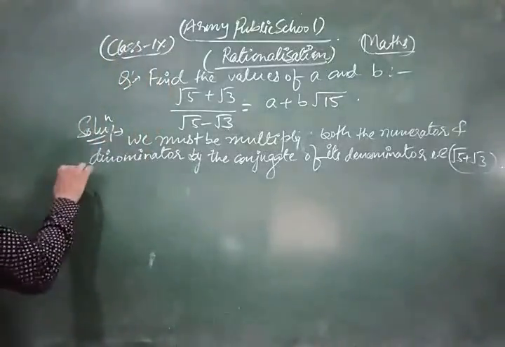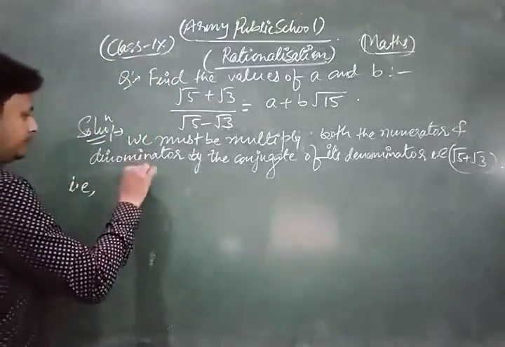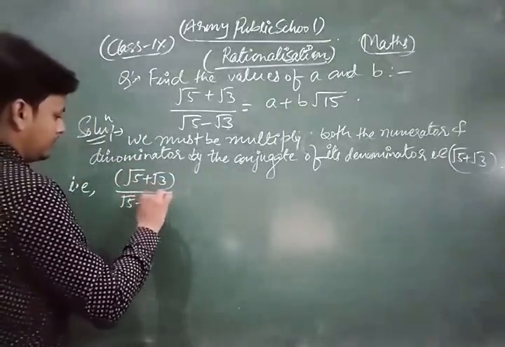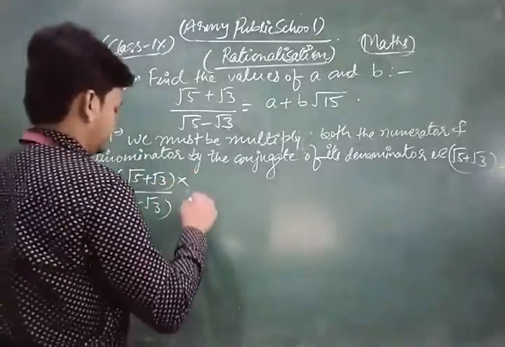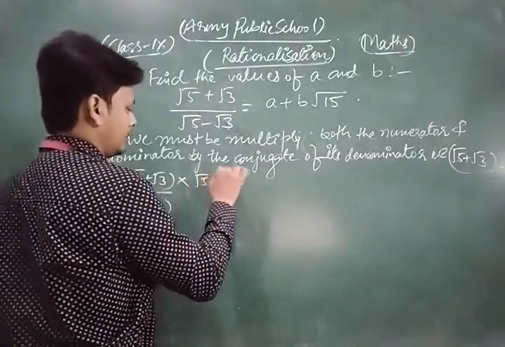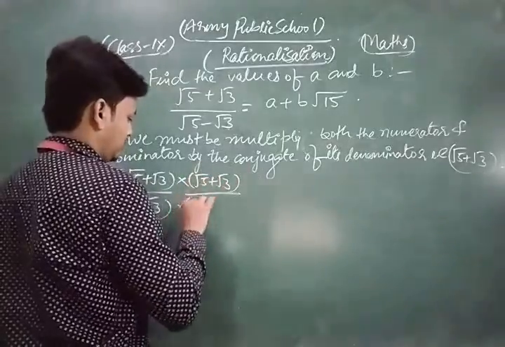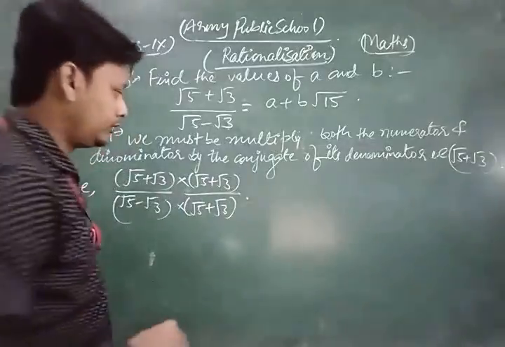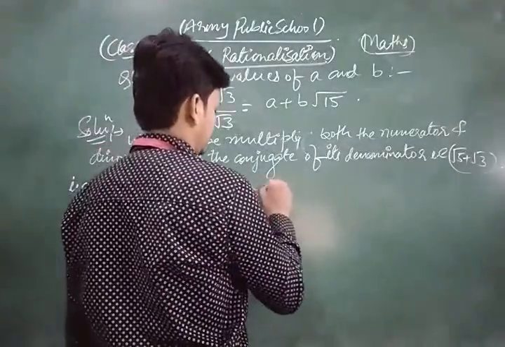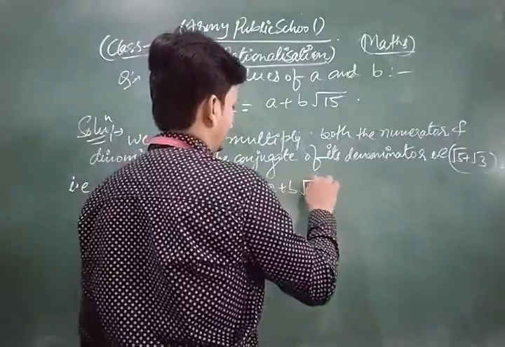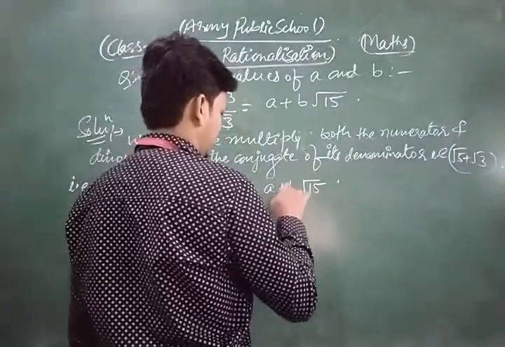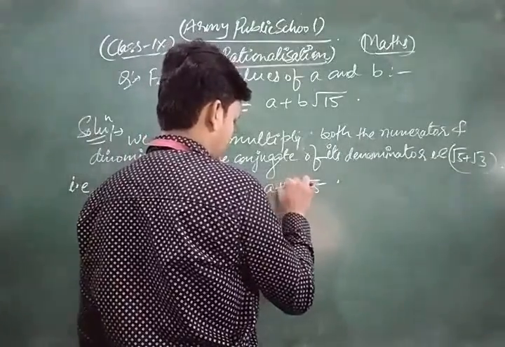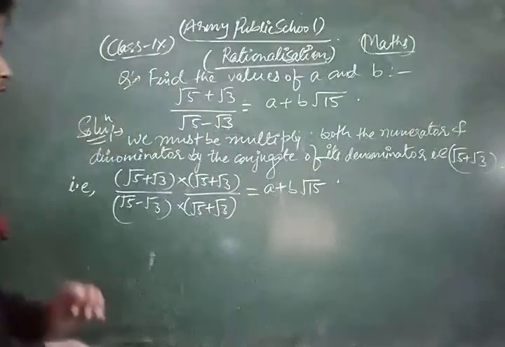So we multiply by under root 5 plus under root 3 upon under root 5 plus under root 3, and this is equal to a plus b under root 15.